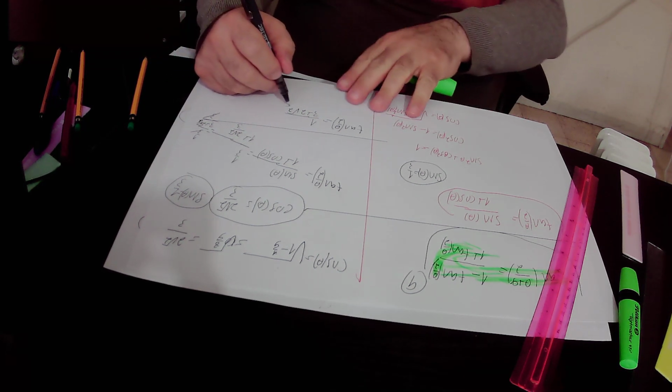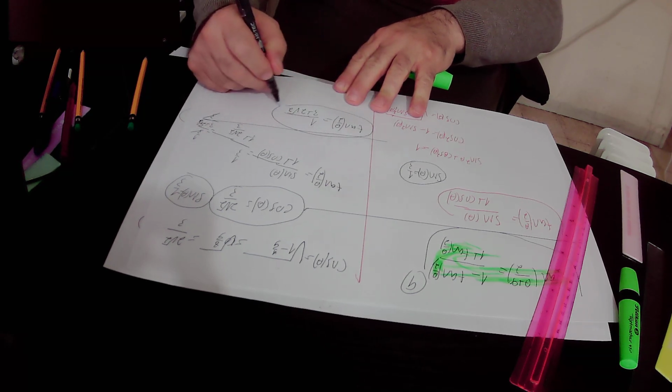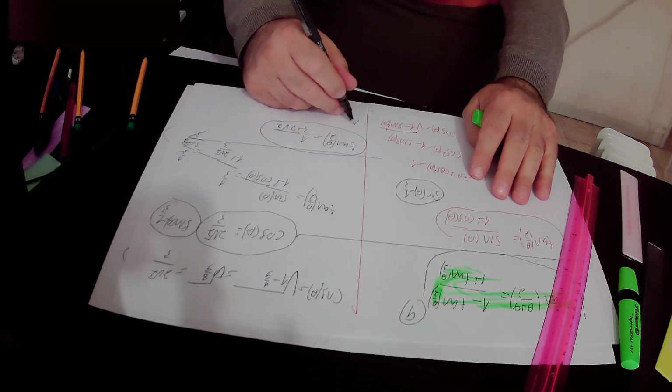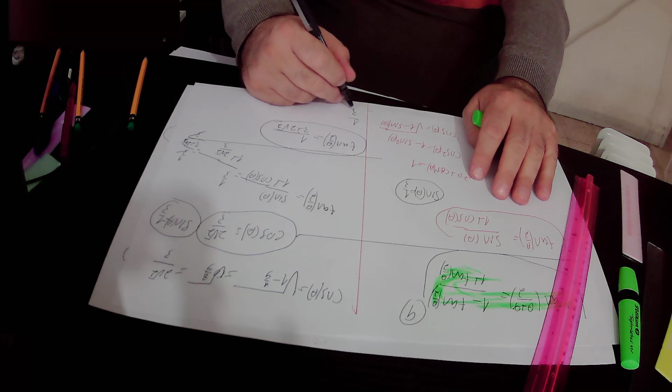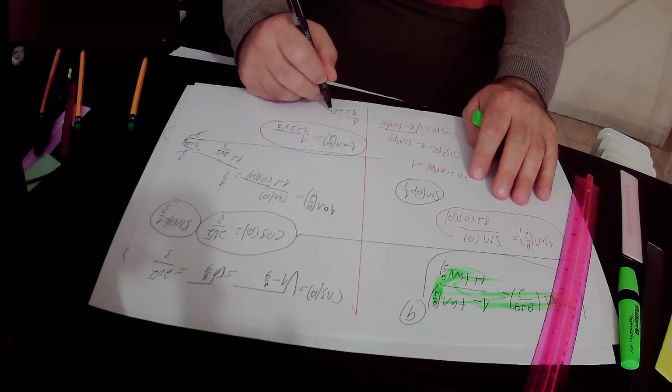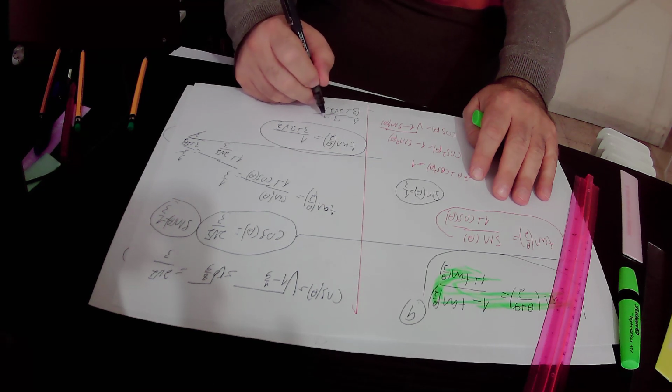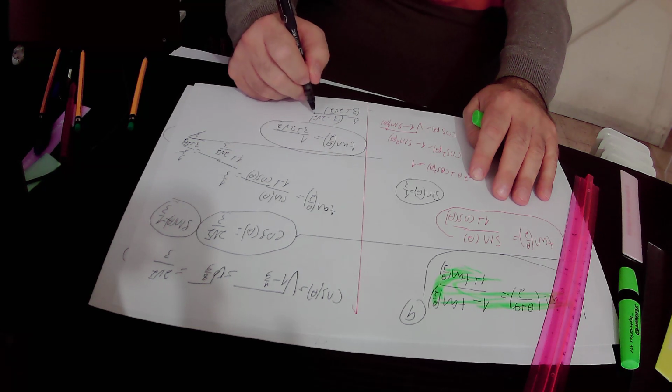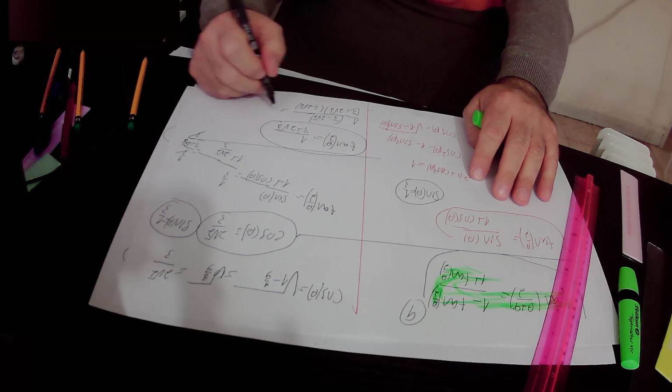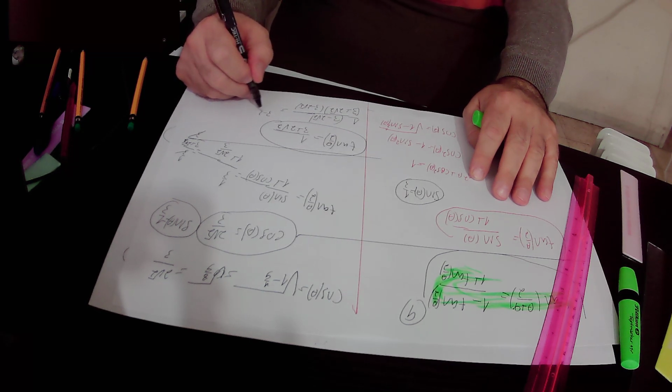Okay, so now we take the expression 1 over 3 plus 2 times square root of 2, and we will multiply it by 3 minus 2 times square root of 2, and then divide it by 3 minus 2 times square root of 2. In the numerator we will have 3 minus 2 times square root of 2.